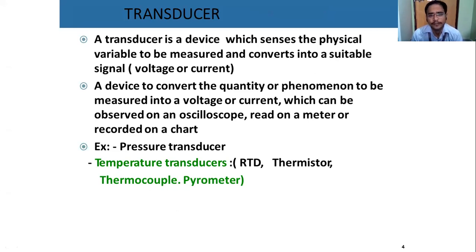There are different elements of an instrument like primary sensing element, data translation element, variable translation element, data transfer element, data manipulating element, data storing element, data presenting elements. There are different elements that are present in an instrument.